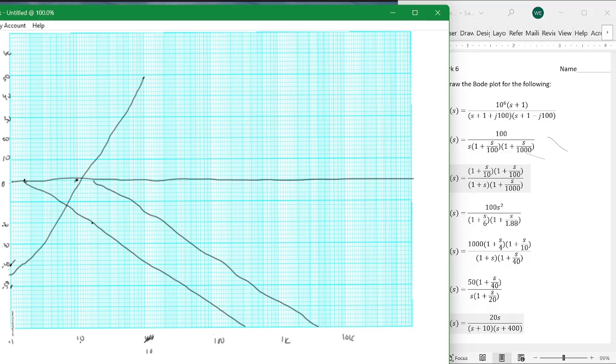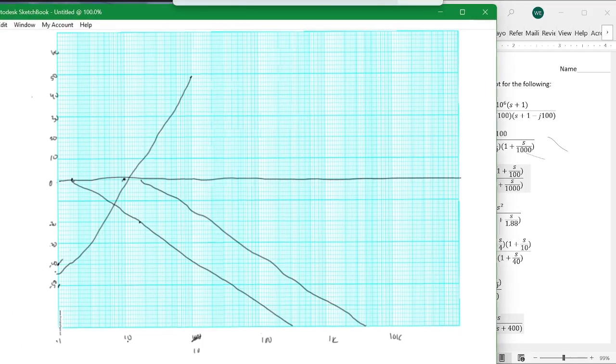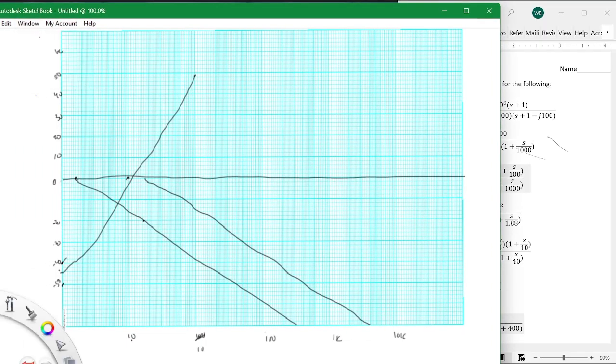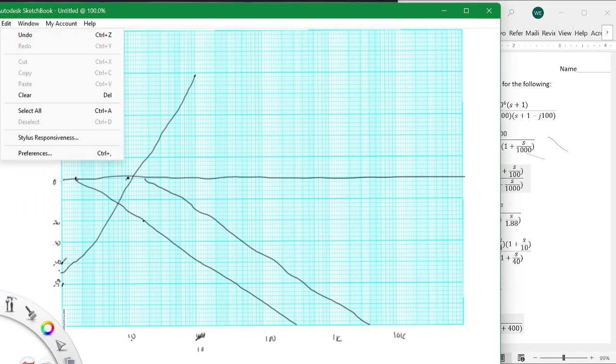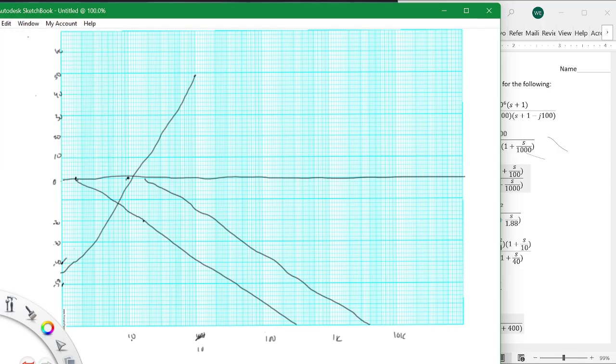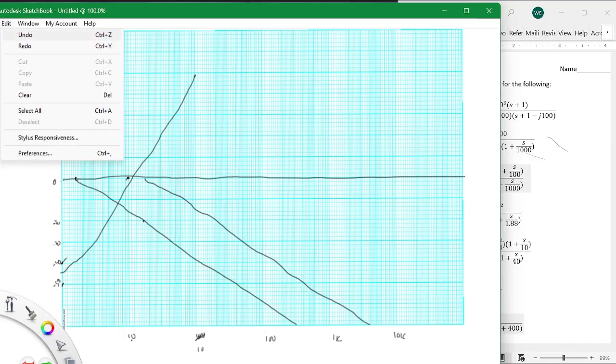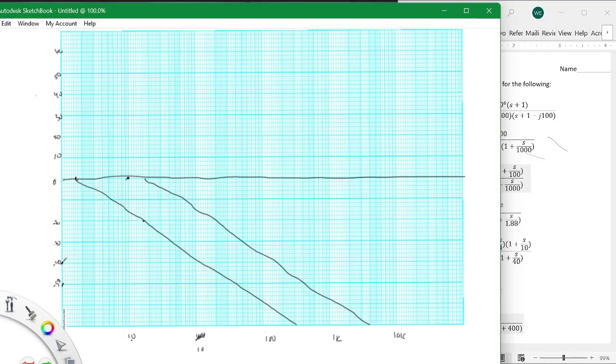It starts at minus, I should have written it better. It starts at minus 40, goes through 1, goes to plus 40. By the time it gets up here, it's at plus 40.